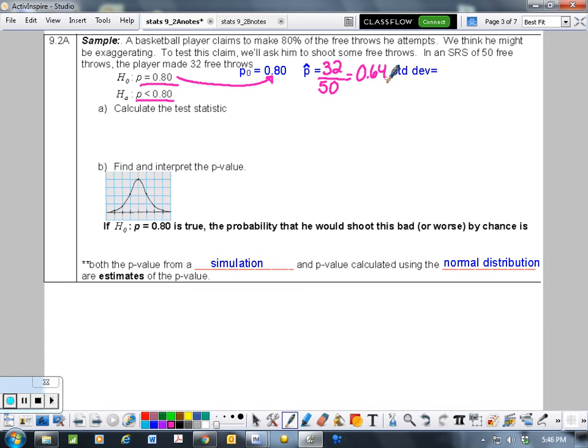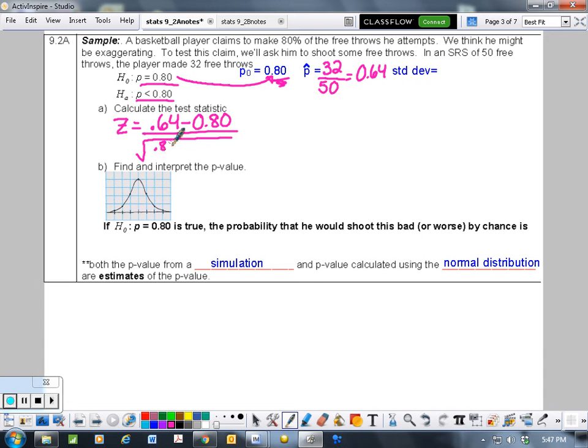So our test statistic, or our Z, which is really just our Z-score, is going to be our statistic minus our p0 from our null hypothesis, and then we're going to calculate the standard deviation of this.